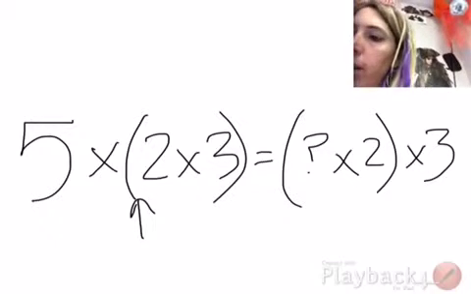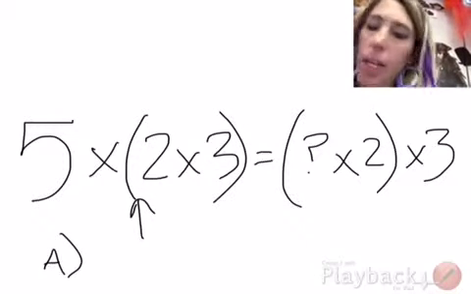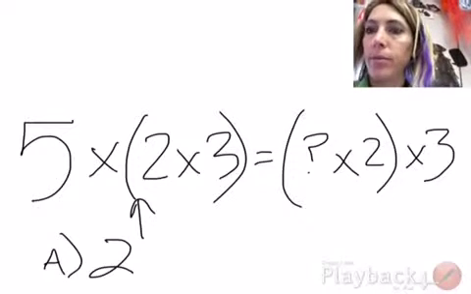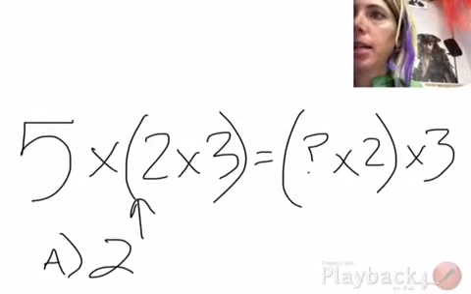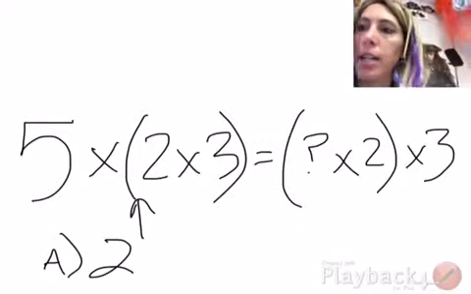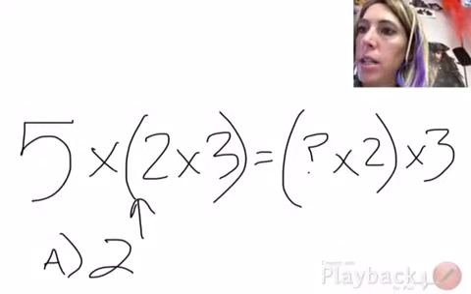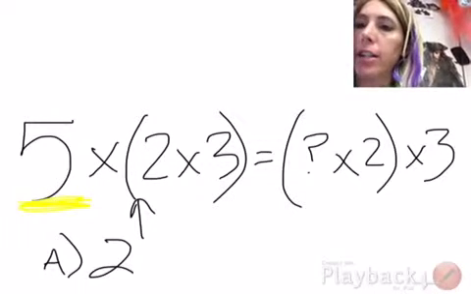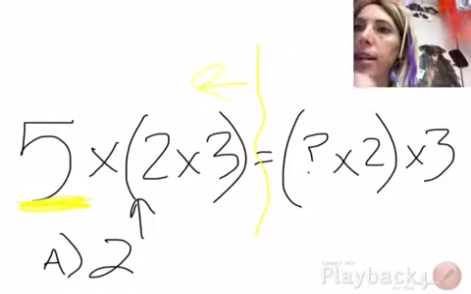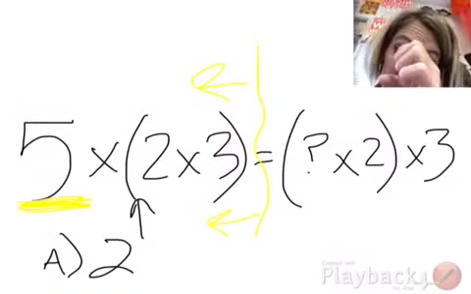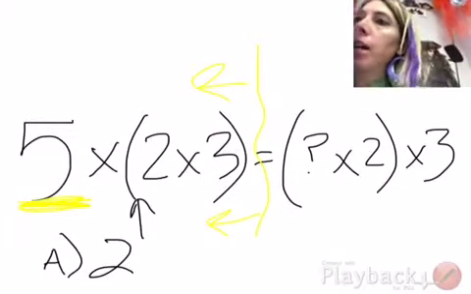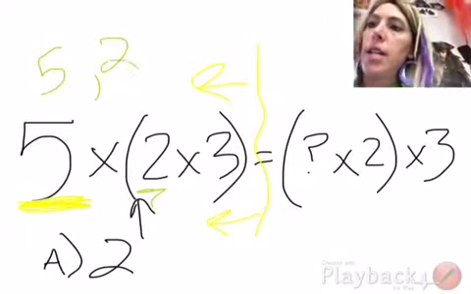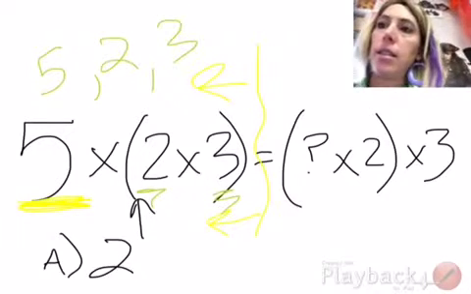All right, we have an answer choice of A being 2. So what could you do here? Well, what I would do is inspect what you have going on in your expression. So here I have a factor of 5. I'm looking at my factors on the left-hand side, and I have a factor of 5, a factor of 2, and a factor of 3.